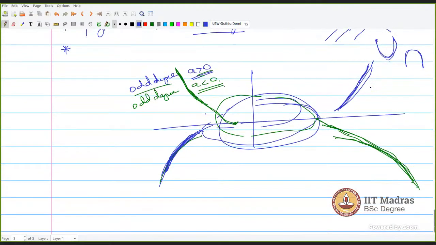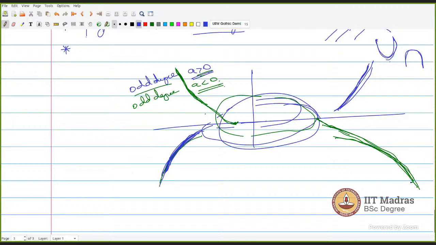From this graph itself, you can identify that if my polynomial is of odd degree, it should definitely cross the x-axis at least once, because my graph starts above the x-axis and after some time comes below the x-axis. It should cross the x-axis because it is a smooth curve.